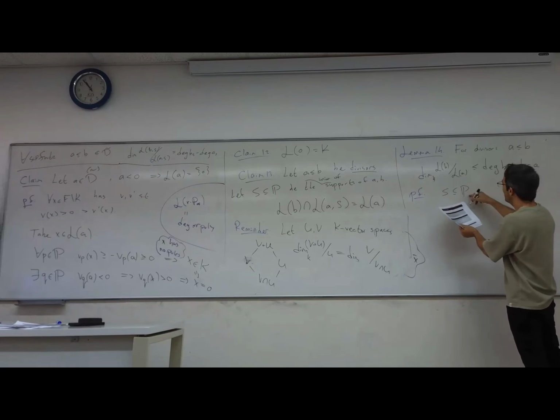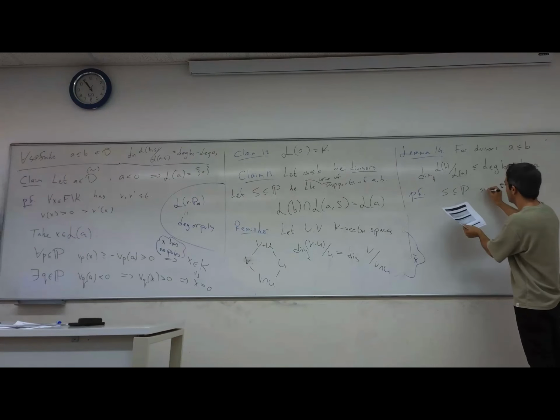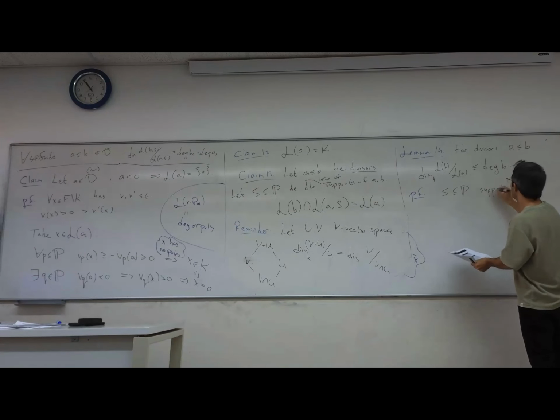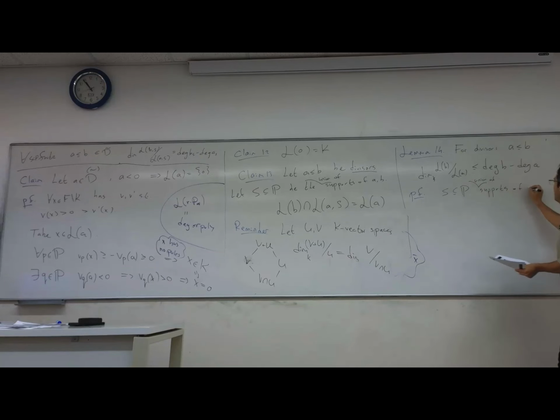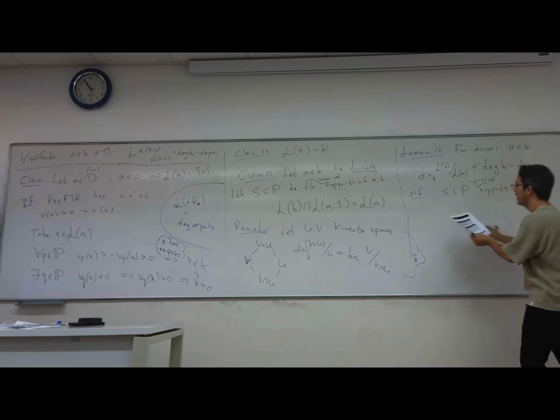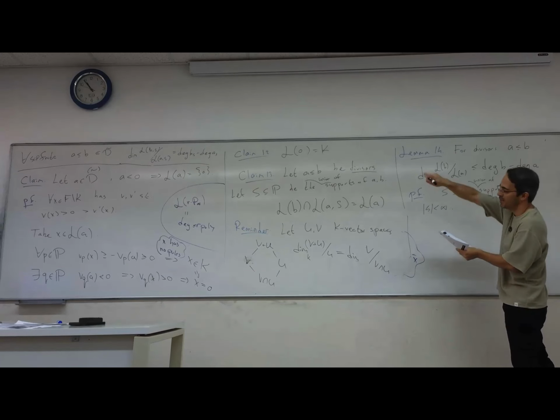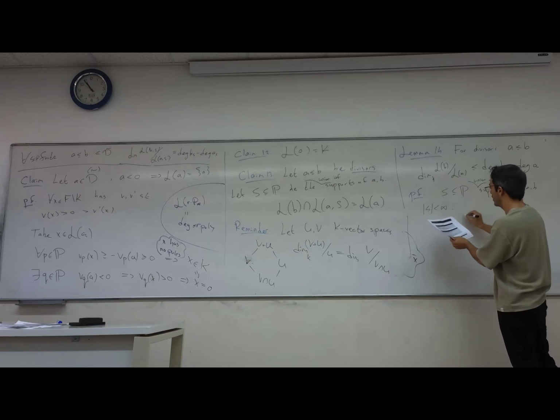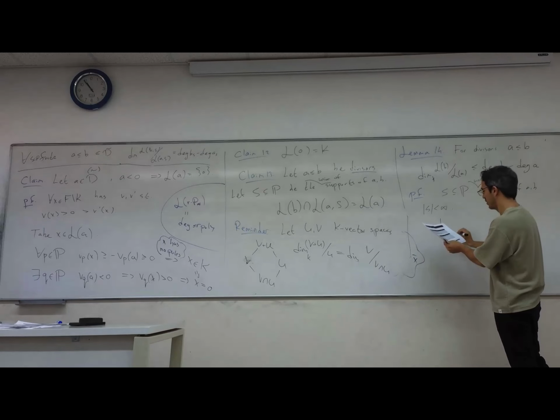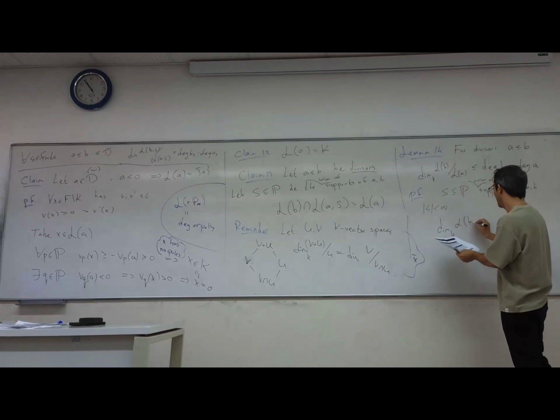So as before, we take the union of supports of A and B, and it's finite because these are prime divisors. So you can use this lemma that appears there and what you know about the dimension. I'm just copying that really.